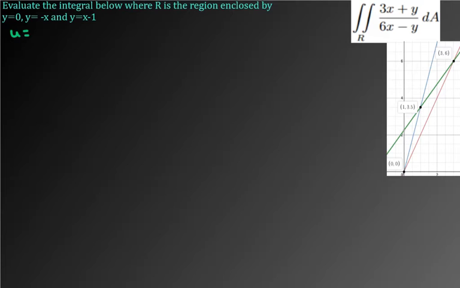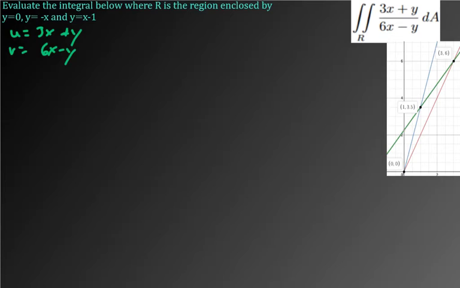I'm going to let U equal 3x plus y, and then V equals 6x minus y. And what you really have to do in these problems first is get x and y. You have to take your U and V that you've chosen and write x and y in terms of U and V, right?